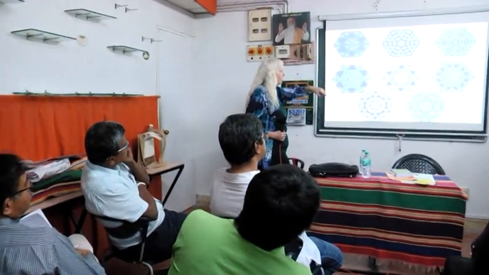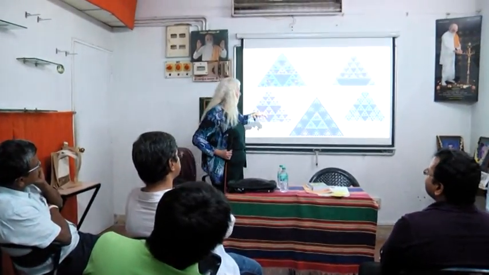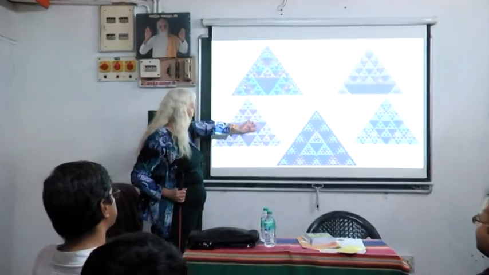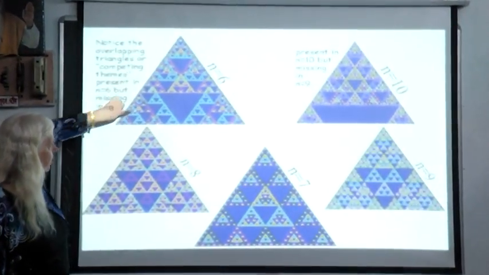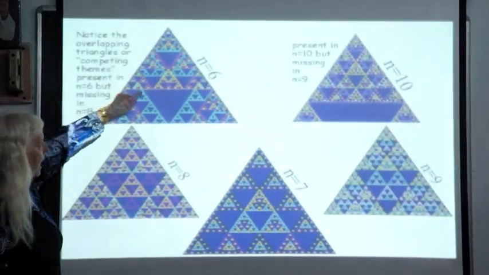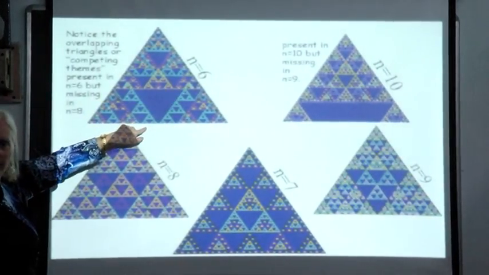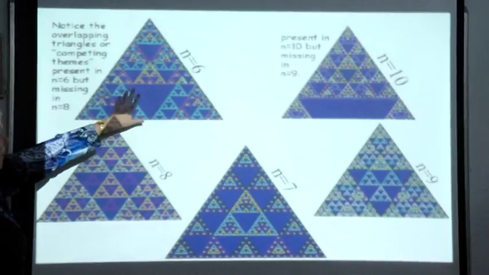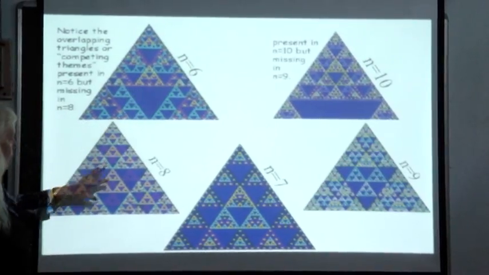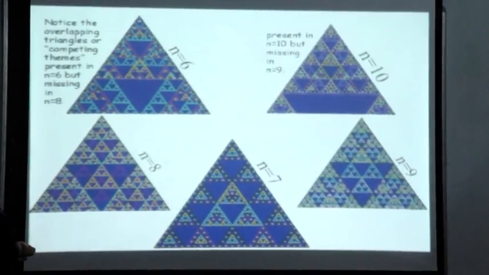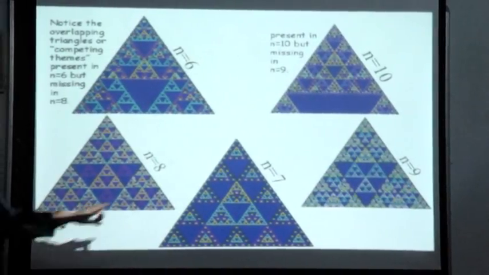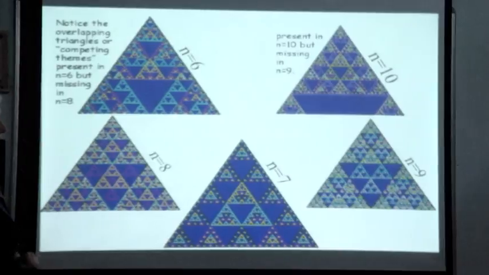Go ahead to the next one where I think you can see. You see how there are all these triangles, but they all fit in together. Whereas this has a triangle here and an overlapping triangle here. So this triangle and this triangle overlap. But all of these are nested inside one another. And the same with 9.